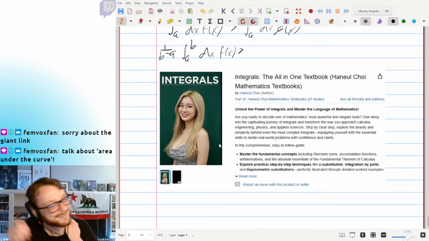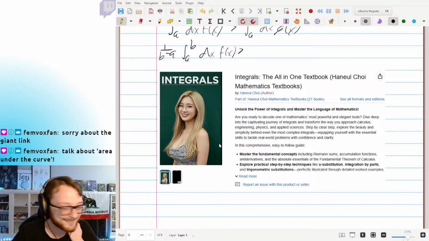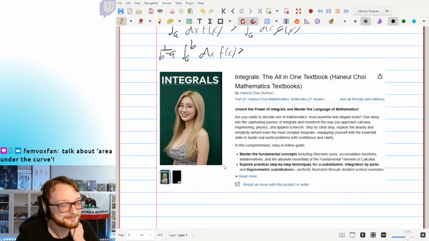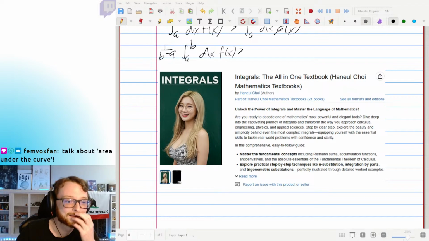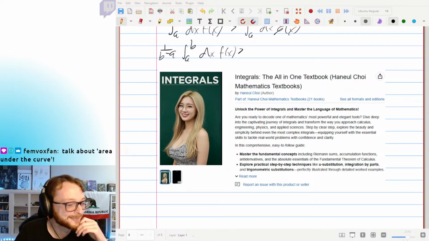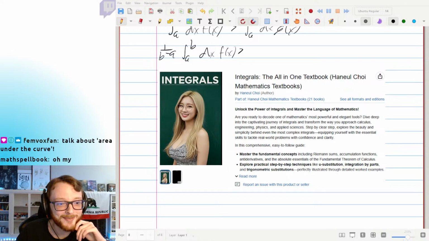I respect it. That reminds me of math spellbook. We're talking about math textbooks, you know?